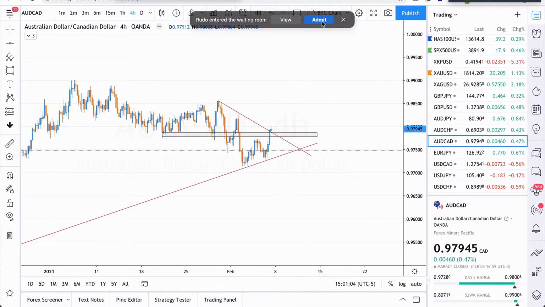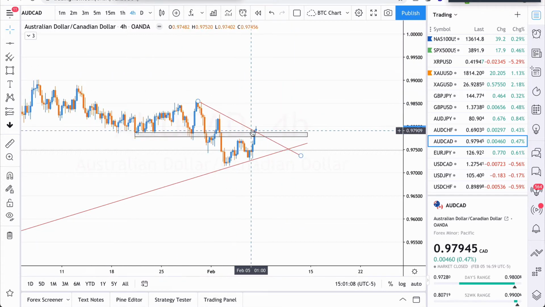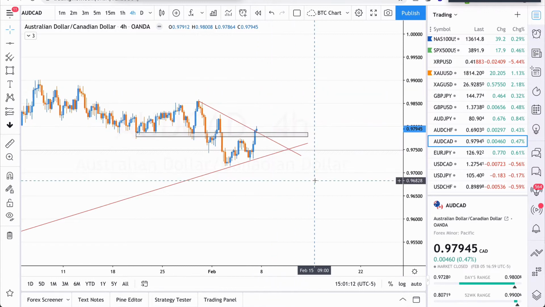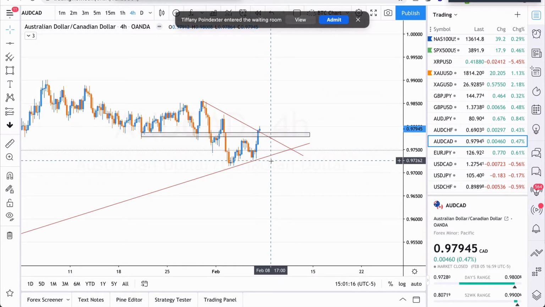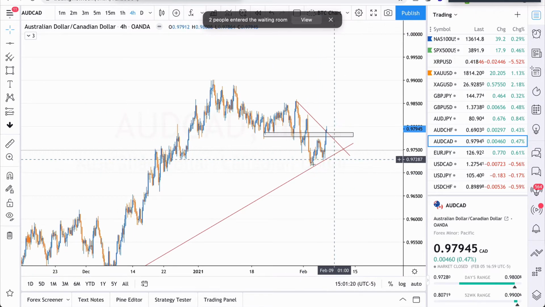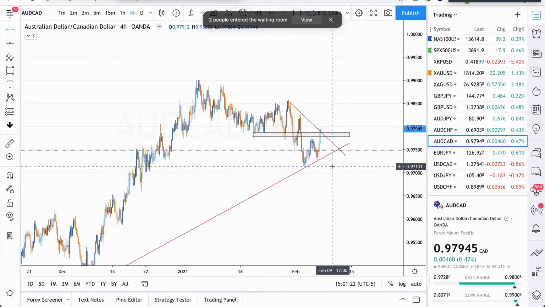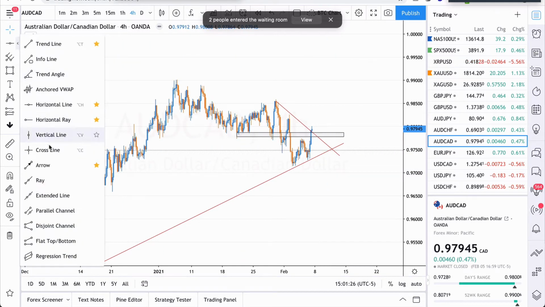So keep it simple. Look for a bounce off of this back up. If it doesn't, here's your sell zone right under this trend line. So this setup is not as clean.